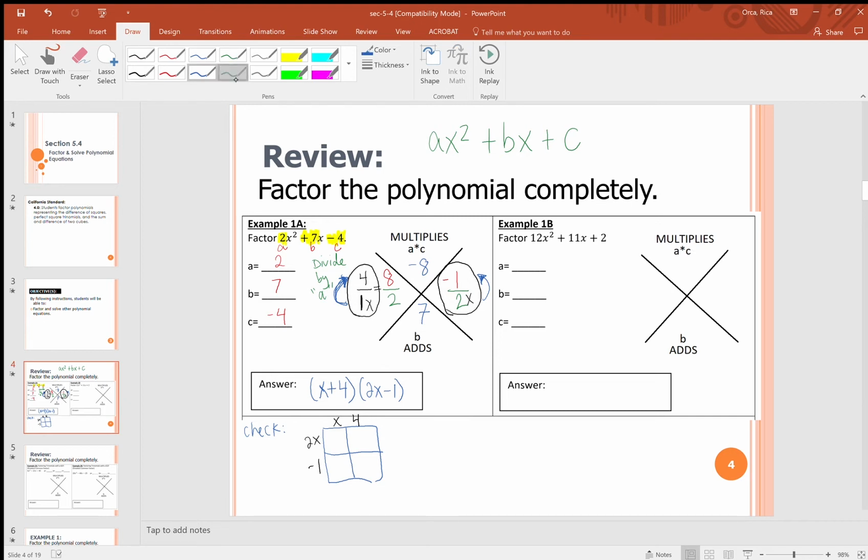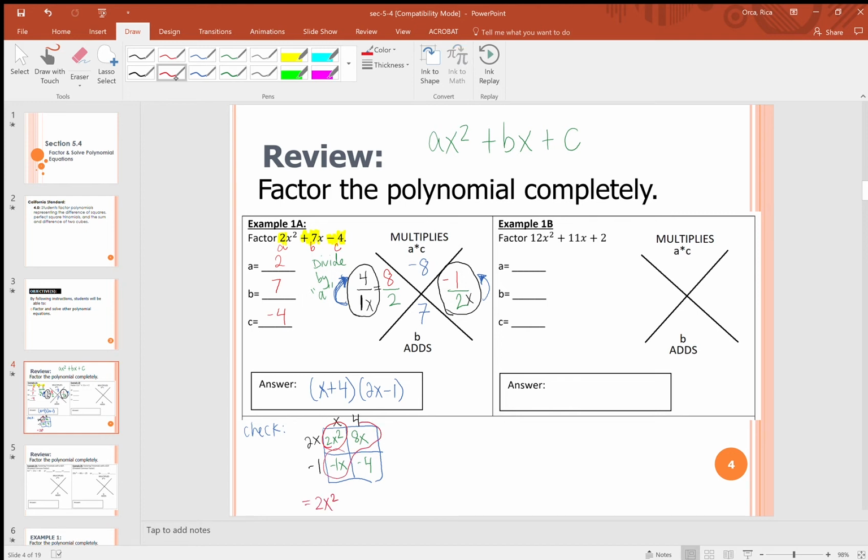2x times x is 2x squared. 2x times 4 is 8x. Negative 1 times x is negative 1x. And negative 1 times 4 is negative 4. Let's combine like terms. We have 2x squared.